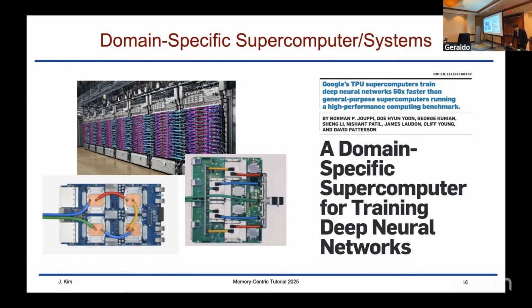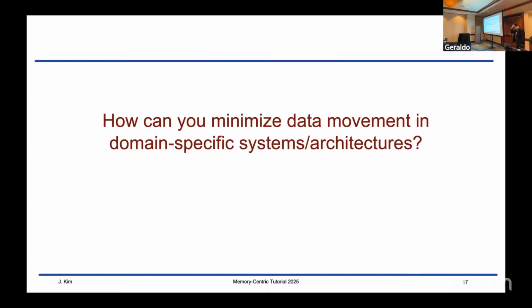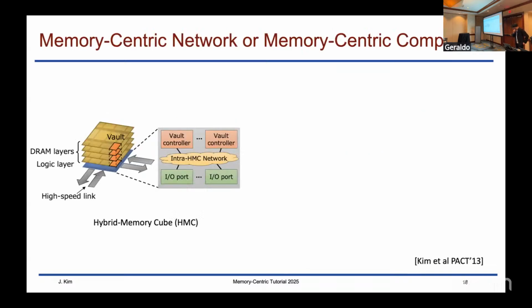That's where I believe systems are heading. And the question you can ask yourself is, how can we minimize data movement? I'm going to talk about two different aspects: minimizing data movement, as well as optimizing data movement.